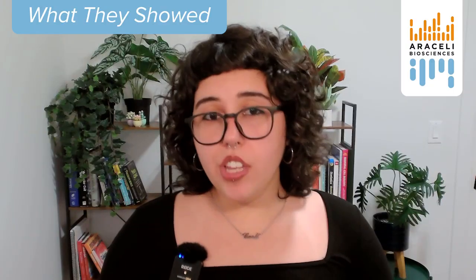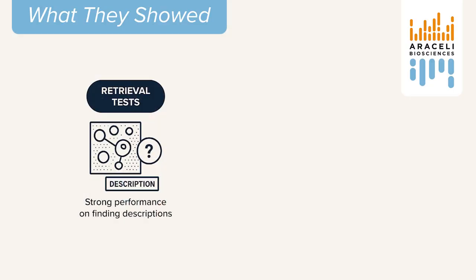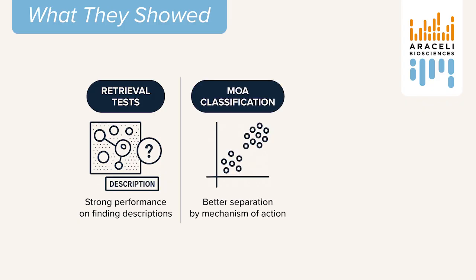So, what did the authors actually demonstrate? First, they ran retrieval tests. For example, given an image of cells treated with a particular drug, could the model correctly pull up the right description of that drug from a pool? They report strong performance compared to other baseline approaches. Second, they evaluated mechanism of action classification.